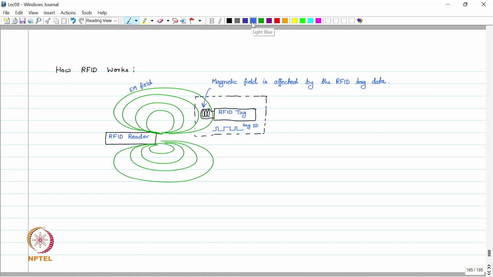This whole process is called near field sensing.